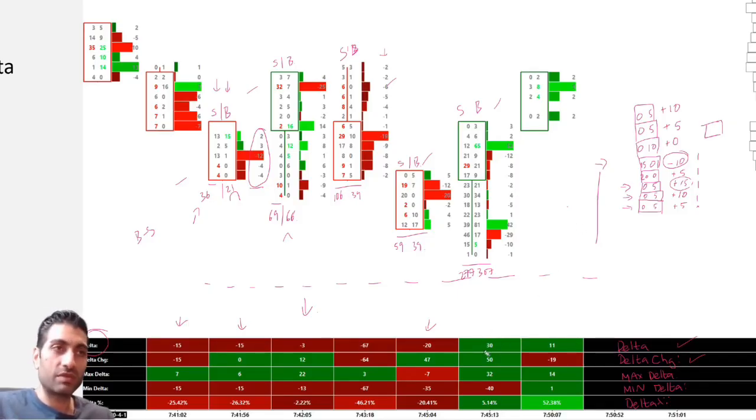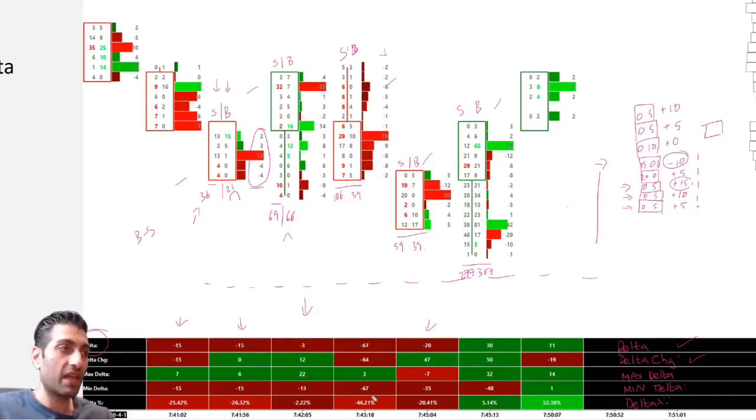Then it moves on. But this number is always changing because buyers and sellers are constantly battling here. So this tells you the limits that the sellers and the buyers were able to reach. If the limit that the buyers were able to reach was very small, as we see here, and the limit the sellers were able to reach was very large, then of course we know it was aggressive selling.